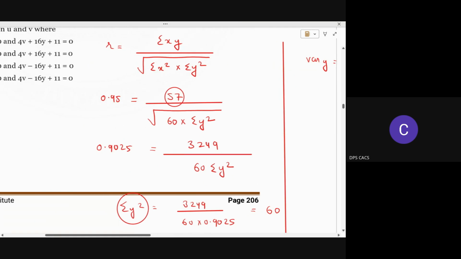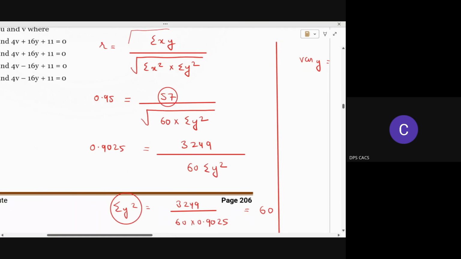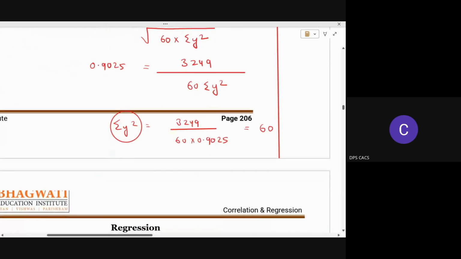What is the condition of this formula? X is x minus x bar and y is y minus y bar. That means what you have computed is not summation y square. It is summation y minus y bar whole square. Understood this or not? This was the main catch.